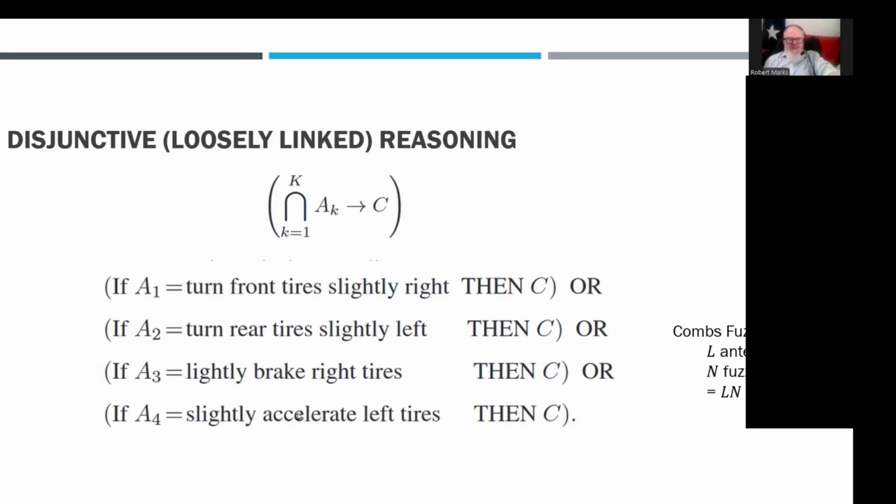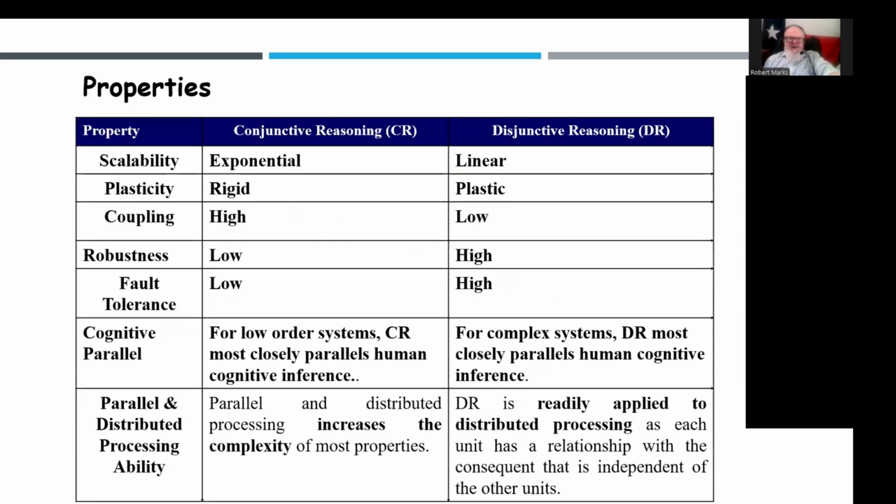And these three things that are left are still able to accomplish this. So it's for that reason that we call the Mamdani control brittle, or rigid, if you will, the conjunctive control. The disjunctive, which is the Combs control, is more plastic.